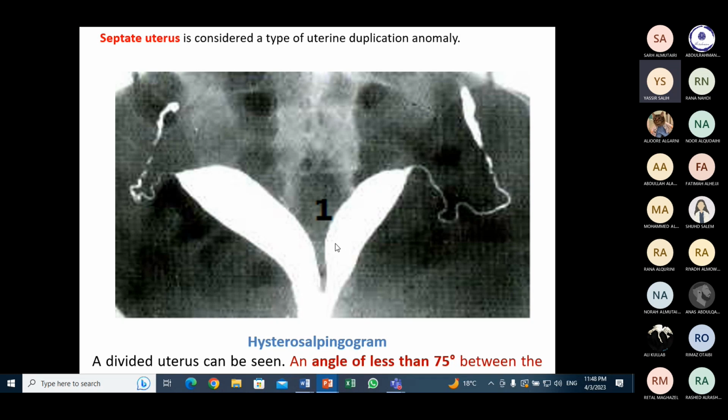So in septate uterus there are double horns, a duplication anomaly, but the most important thing is that the angle between the two horns is acute, usually less than 75 degrees.